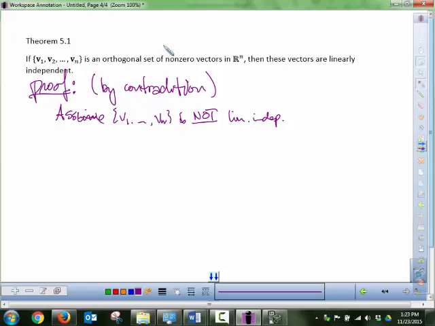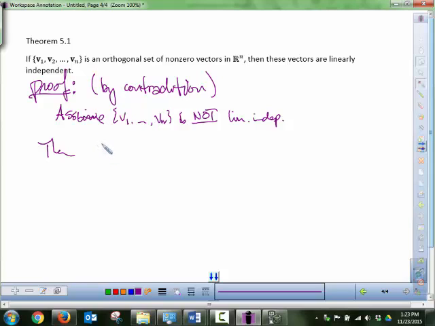Okay, so if it's not linearly independent, what does that mean? That means I should be able to write one vector as a linear combination of the rest of the vectors, right? Or let's rephrase it this way.